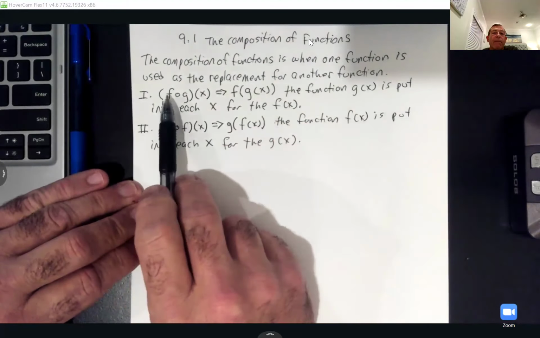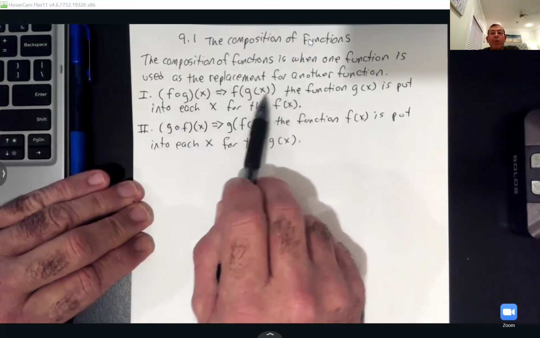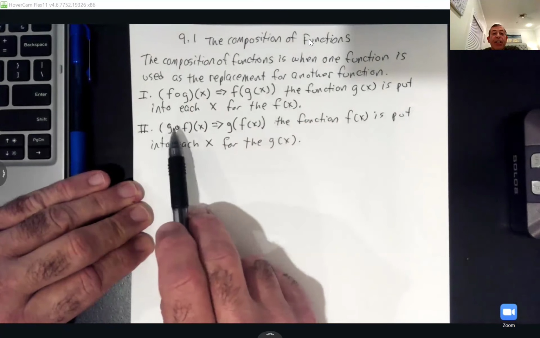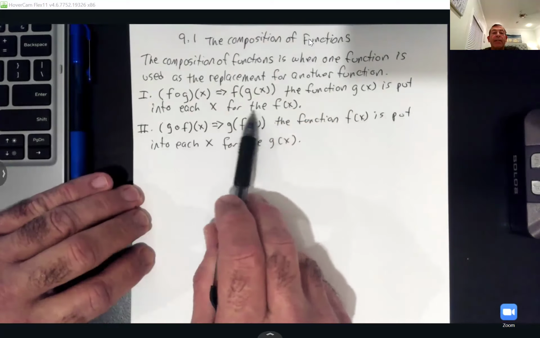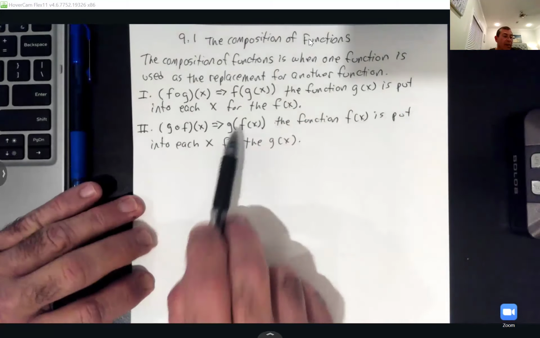If I have F composed G of X, then we're going to put the G of X into the F. If I have G composed F of X, then we'll put the F of X into each of the variables for the G of X, okay?